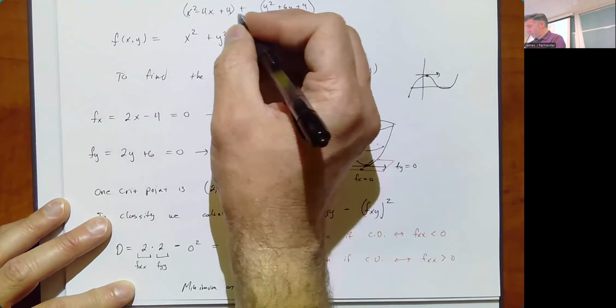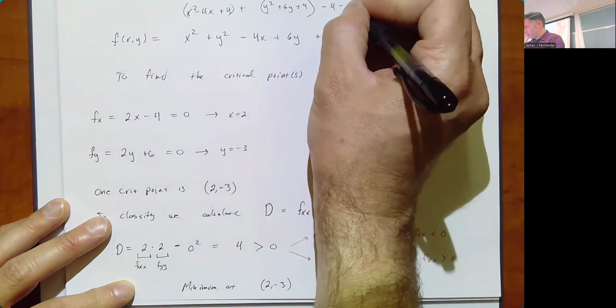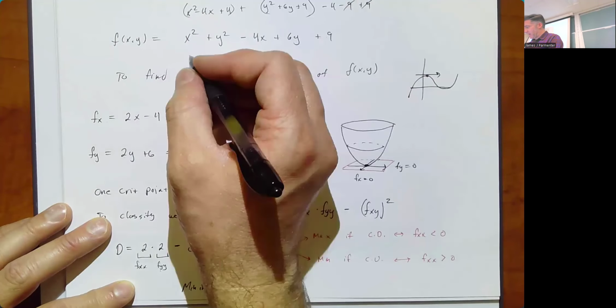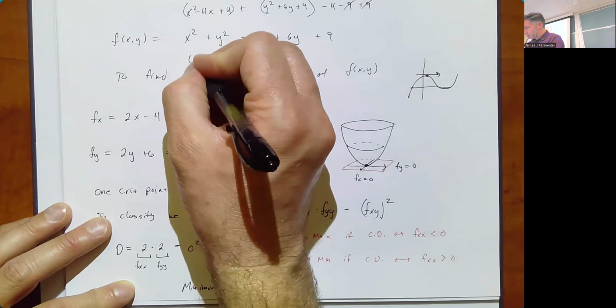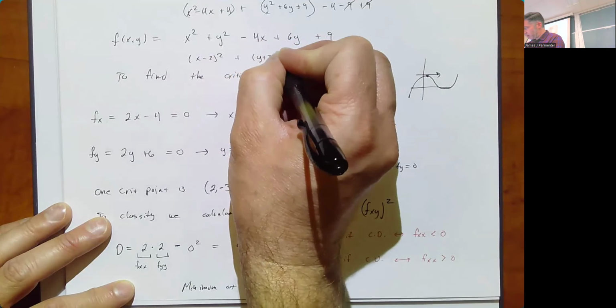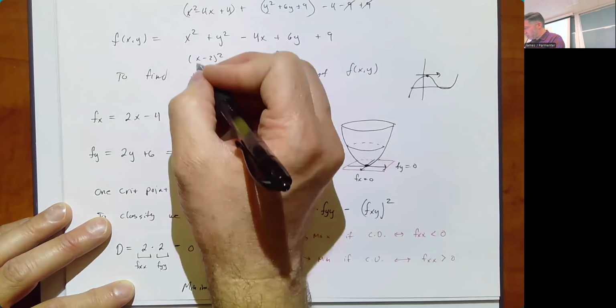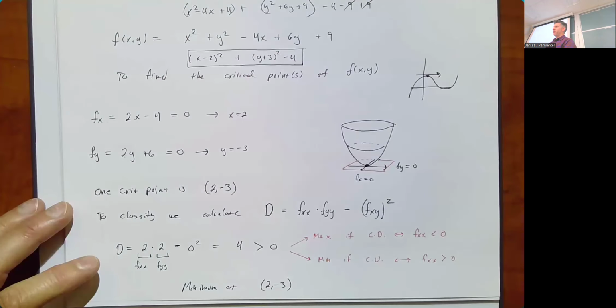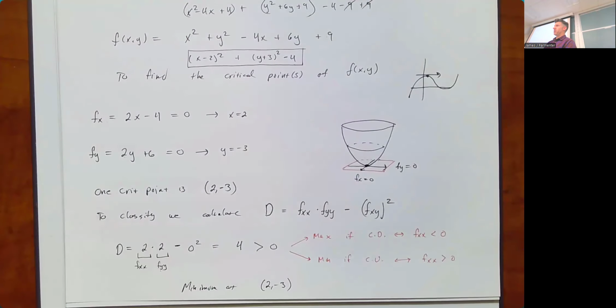Then, since we added a 4 and a 9, I need to subtract the 4 and the 9, and then there's still that plus 9 there. So really, we could rewrite this as (x minus 2) squared plus (y plus 3) squared minus 4. And then you can justify to yourself that if x is 2 and y is negative 3, that's the smallest it can ever be. So it's certainly a minimum. We don't need to do that, but it's nice to see that it works the way we think it should.